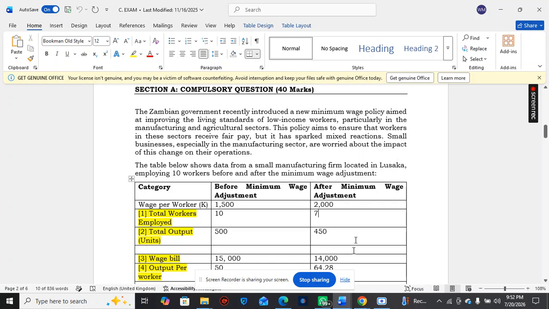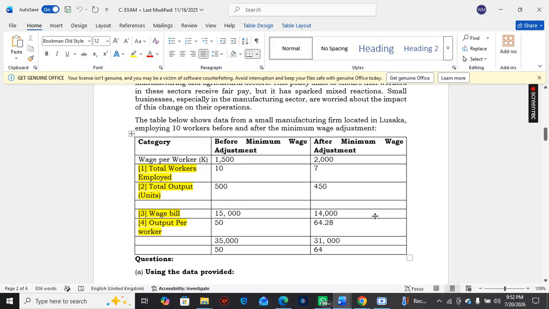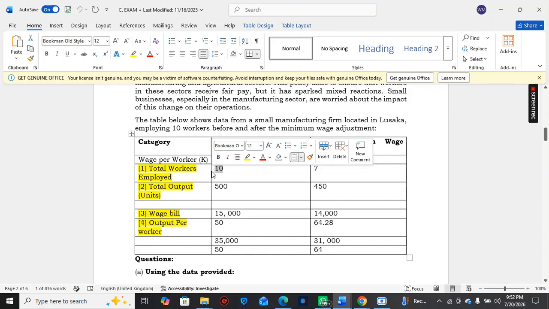Okay, so we have this information here. The wage per worker is 1,500. The minimum wage has been adjusted to 2,000 kwacha. Total workers employed before the minimum wage was 10 workers.